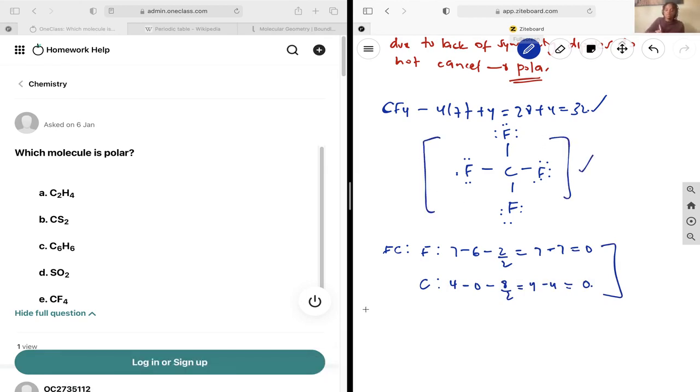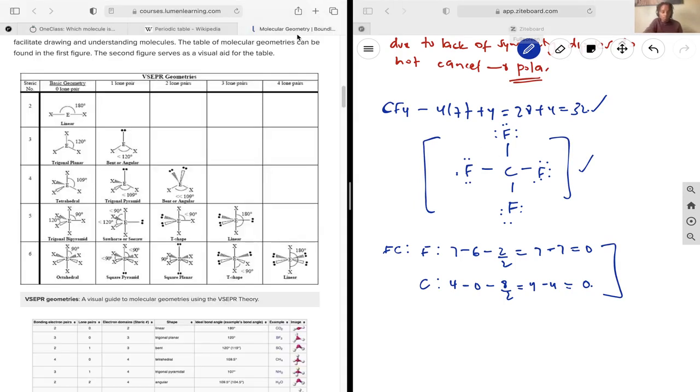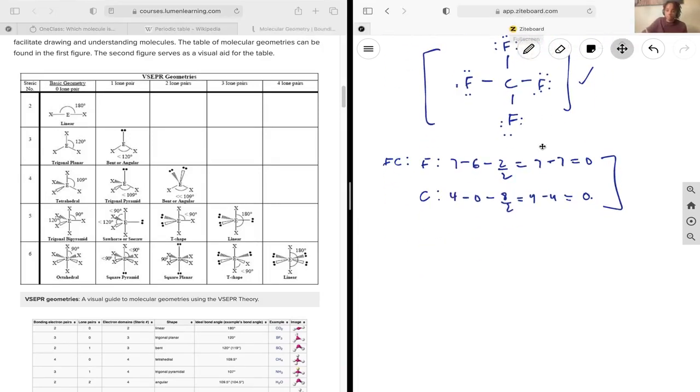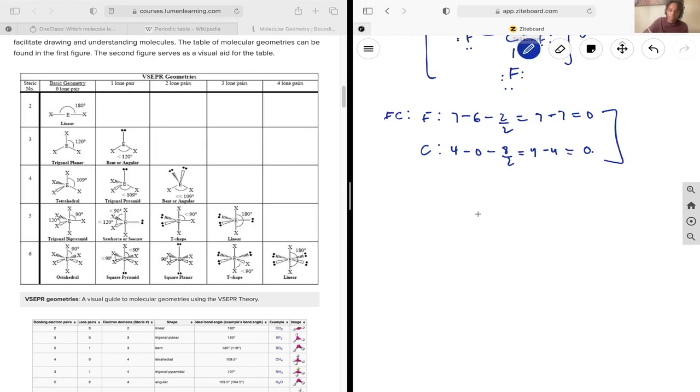Now let's figure out the geometry. And so this is going to be sp3 hybridized. And so let's just go to our chart. We see it has 4 groups and they're all identical. So it's going to be tetrahedral. And if we draw out what that looks like, it's a bit like a tripod.